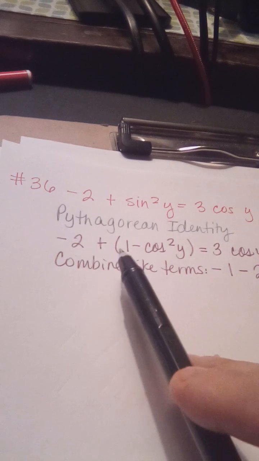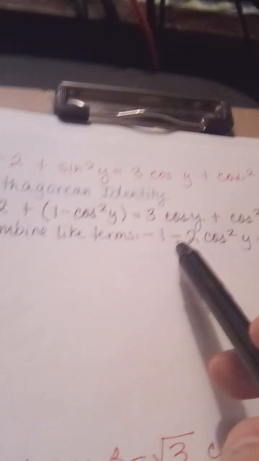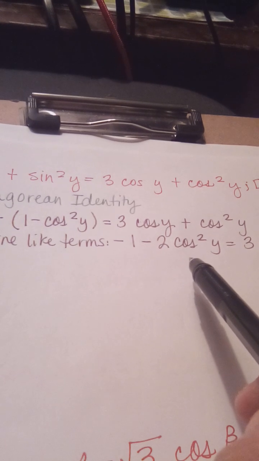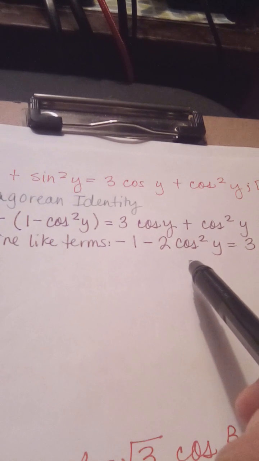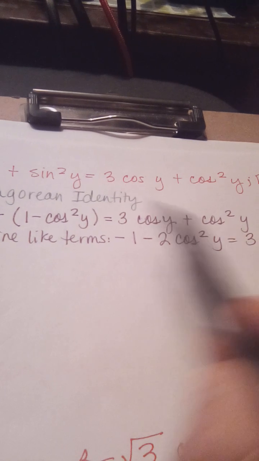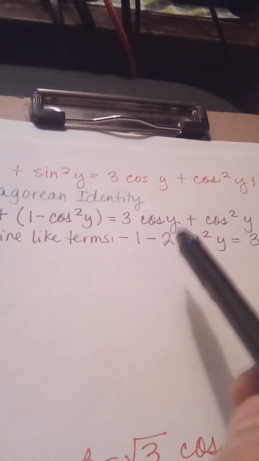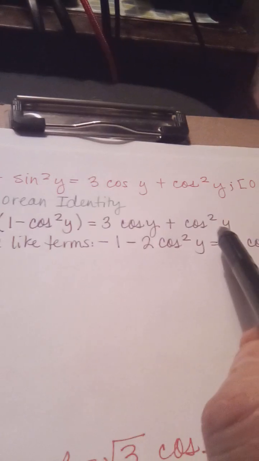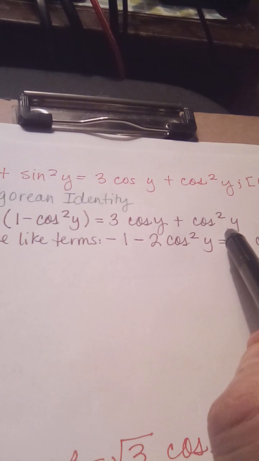We got negative 2, like what it says before. Yeah, that made sense. Because when you move this over, this is where the negative 2 is at. You see the cosine square y on the right side of the equation?